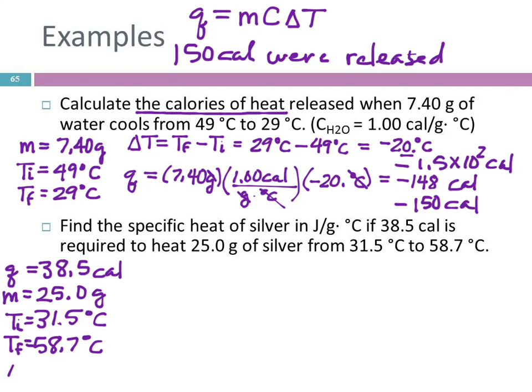Let's go ahead and calculate delta T. It just makes the rearranging of the equation simpler. So final minus initial. Here the final is higher, 58.7 minus 31.5. It also makes the whole significant figures thing easier because you actually wrote down the step.